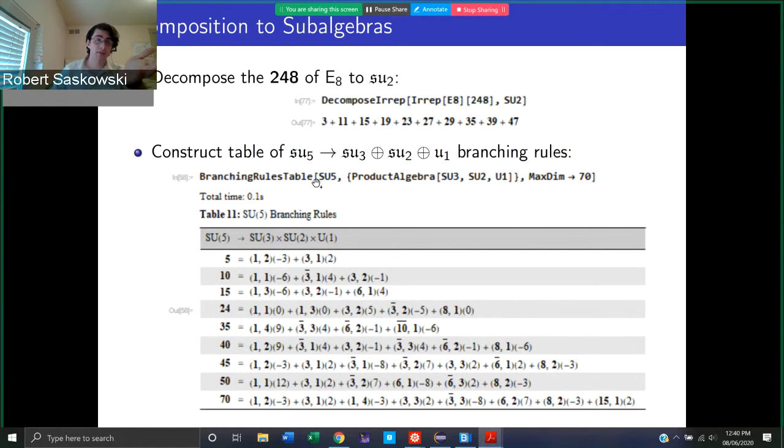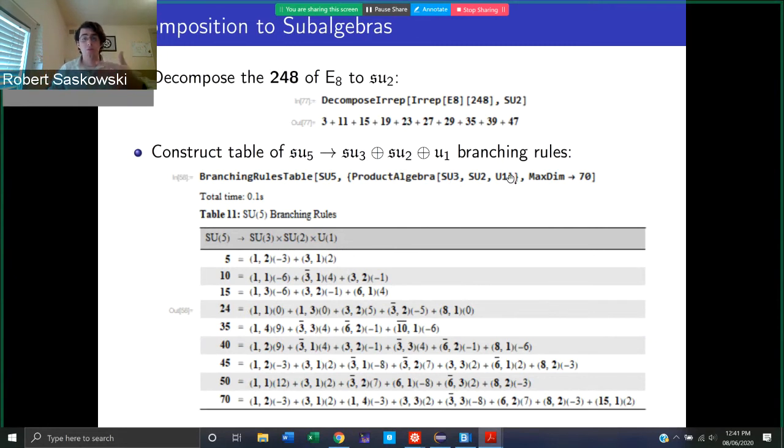So for example, we have SU5 to SU3 plus SU2 plus U1, which is relevant if you were doing grand unified theories in like the 1980s. But here what we're doing is we're first specifying what, in some sense, the parent algebra is, and then we're giving it a list of subalgebras to branch to. And here we're using ProductAlgebra to specify that we want SU3 plus SU2 plus U1.